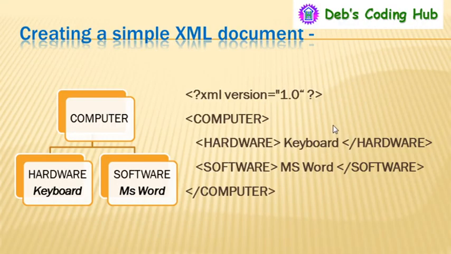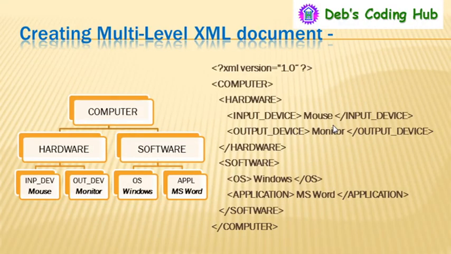Now similarly, you can go for this structure also. Here the XML document is in three levels. The root element, two children are there, hardware and software, and at hardware we have two more children, input device and output device, and the values for input and output devices are mouse and monitor respectively.